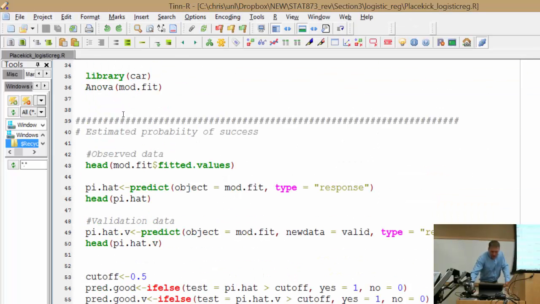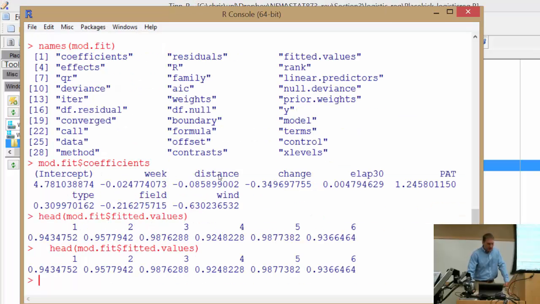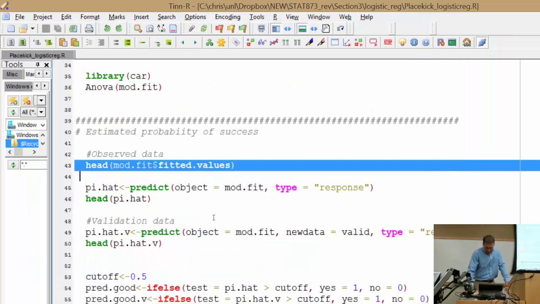There's a few different ways to do that. First of all, for your observed observations themselves, there's a fitted.values component of mod.fit where we store the stuff from glm. And I guess we already saw that. Those are the estimated probabilities for all 1,425 observations in the data set.